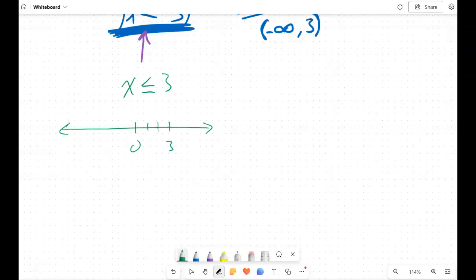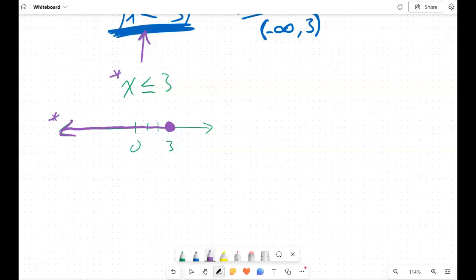We would have begun here at 3, or this is my rightmost point. And this time, since the equal to is there, I would have done a filled in circle. Not an open circle, but filled in. And now it would still be everything to the left. So I would have the algebraic solution. I would have the number line solution.